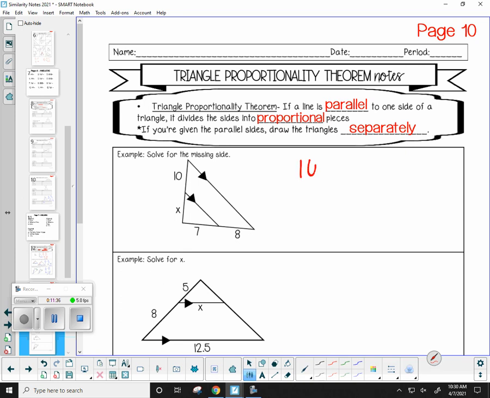So I can set up 10 over x is equivalent to 8 over 7. So let's do this first, and then I'm going to pull it apart for you. Okay, so let's go ahead and do this. So 10 times 7 is 70. 70 divided by 8 would be 8.75.